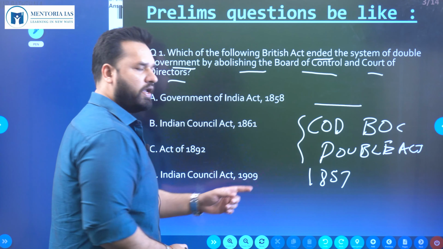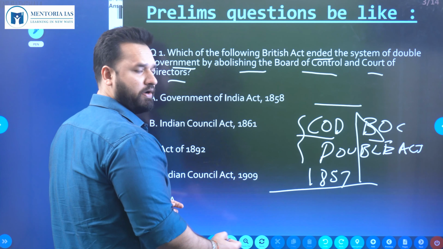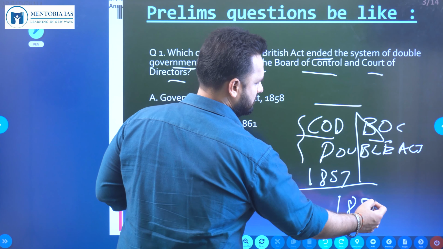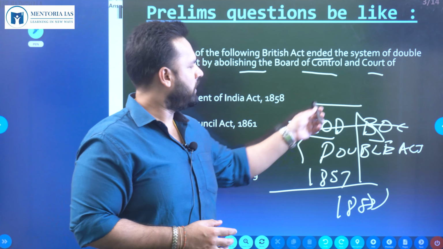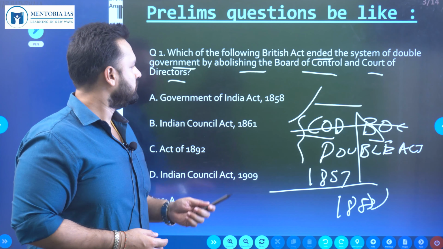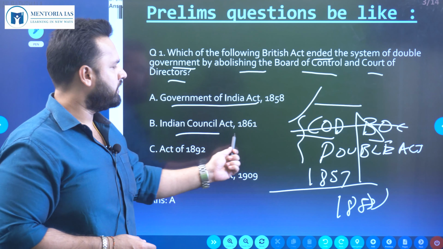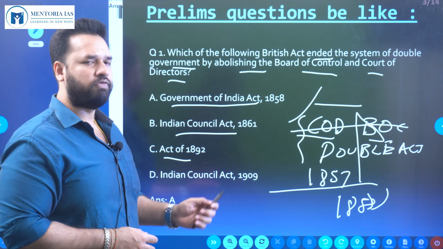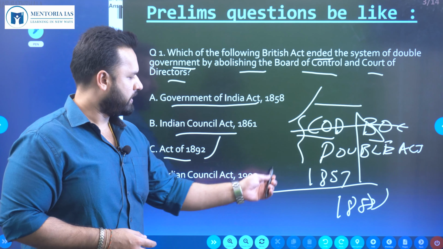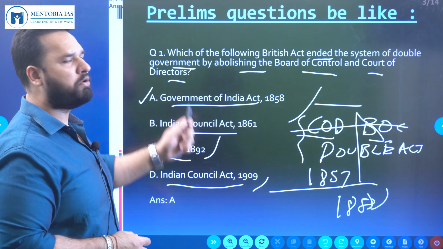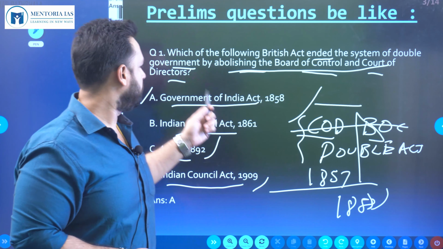So these two were there in 1857, and then the revolt happened. The 1858 Act was passed, and then both the Court of Directors and Board of Control were ended. So let's look at the options. Option 1 was Government of India Act 1858, Indian Council Act 1861, Act of 1892, and Indian Council Act 1909. So what is the answer here? It is the Government of India Act 1858. It abolished the Board of Control and Court of Directors.